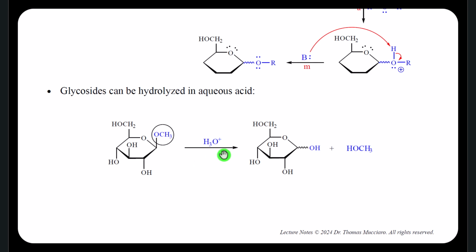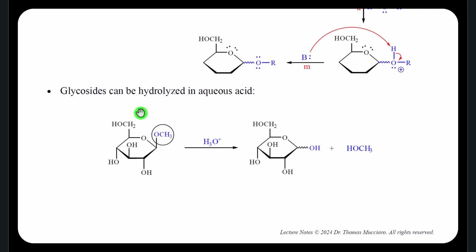When we discussed acetals, we also saw that acetals can be hydrolyzed, or treated with aqueous acid, and the alcohol groups removed and converted back into the carbonyl. We can do the same thing with glycosides.